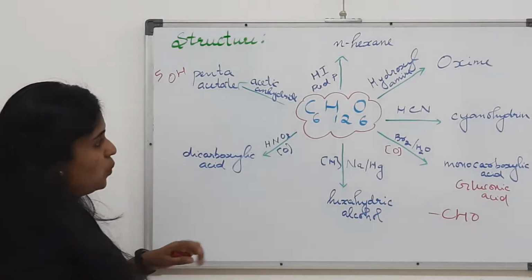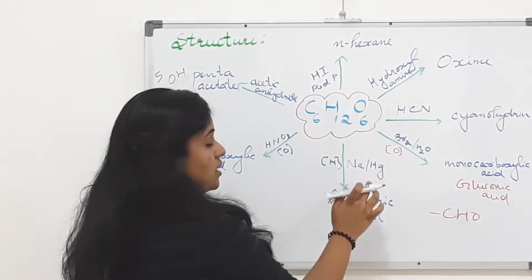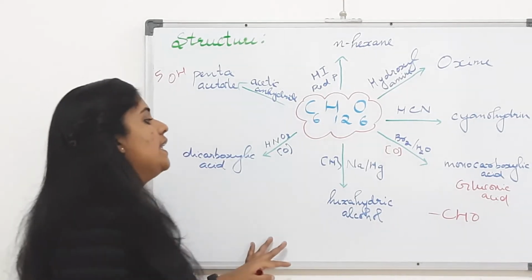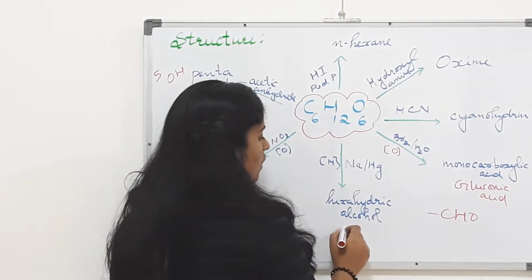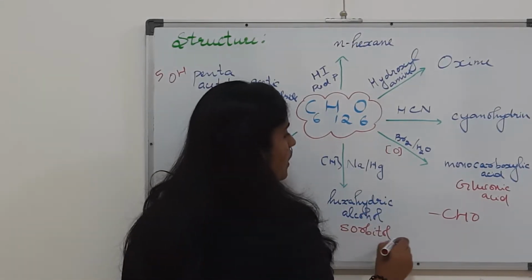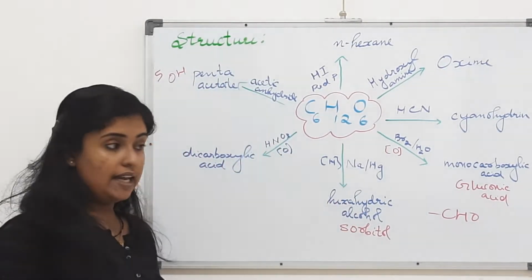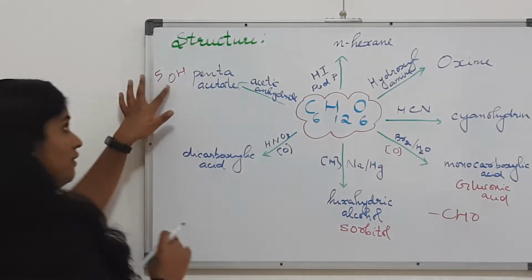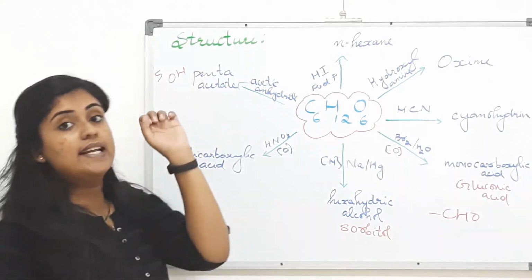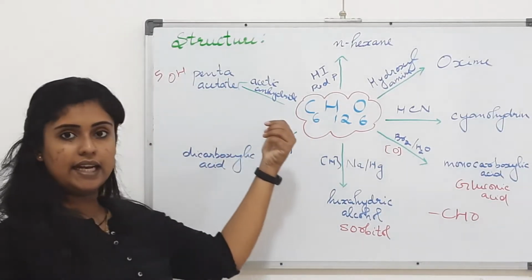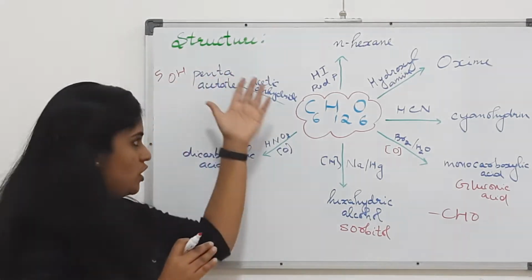Then they reduced this by catalytic reduction and they got a hexahydric alcohol with 6 alcoholic units, which is sorbitol. Already from the reaction with acetic anhydride, we found that there are 5 OH units.